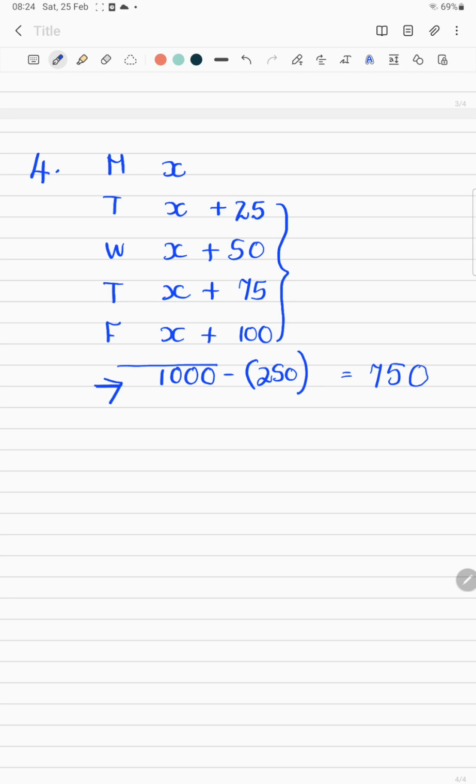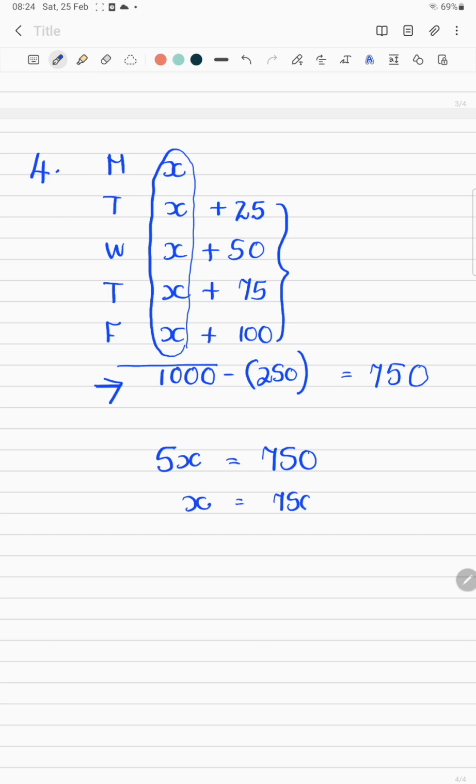And that 750 represents these 5 x's. So if the 5 x's, the 5 unknown numbers, equals 750, 1 x will be 750 divided by 5, and that gives me 150.